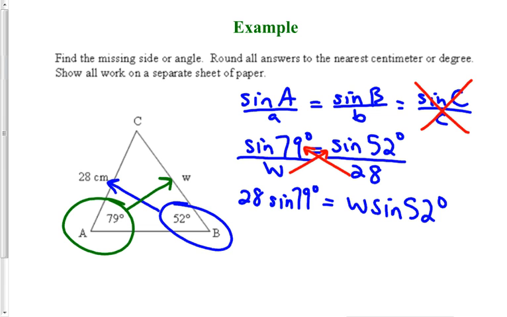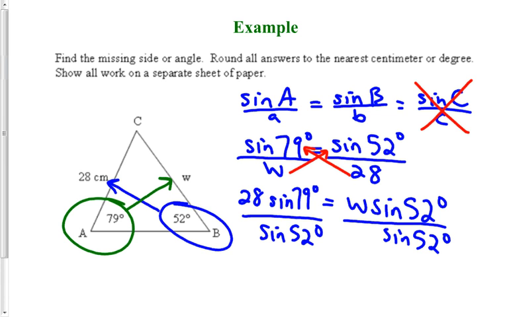Now I want to get W by itself, so I need to divide both sides by the sine of 52 degrees. The sine of 52 degrees over there is going to cancel out. That's going to leave me W by itself.